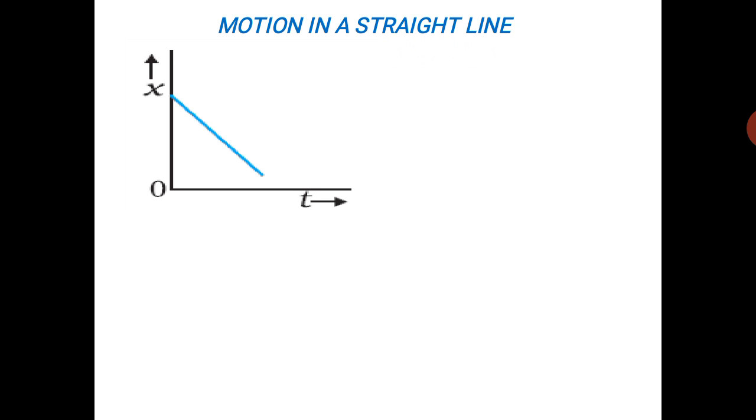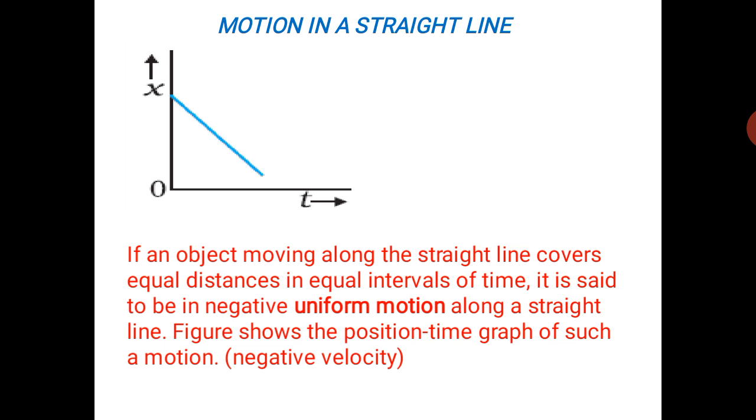See, this graph is also a straight line. But what happens? The initial position is more and the position is decreasing, meaning the x value is decreasing as the time changes. So we are getting a negative slope.